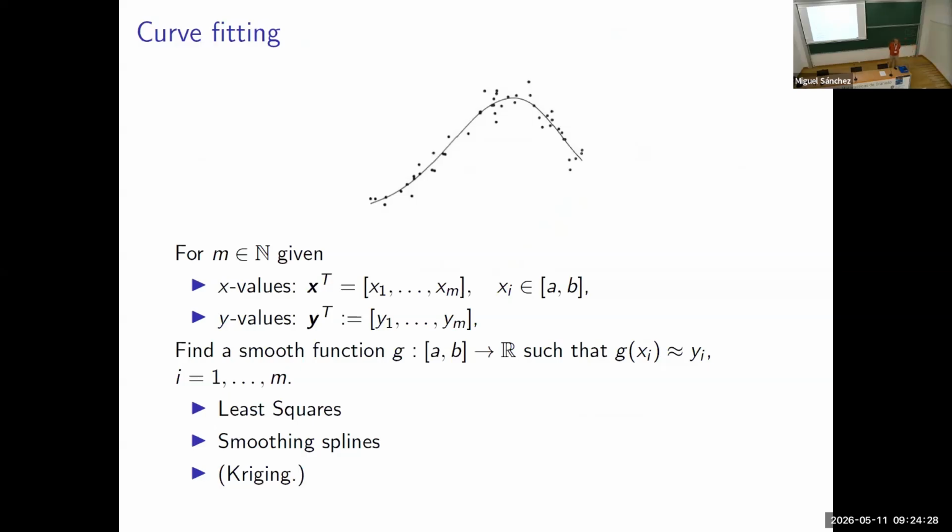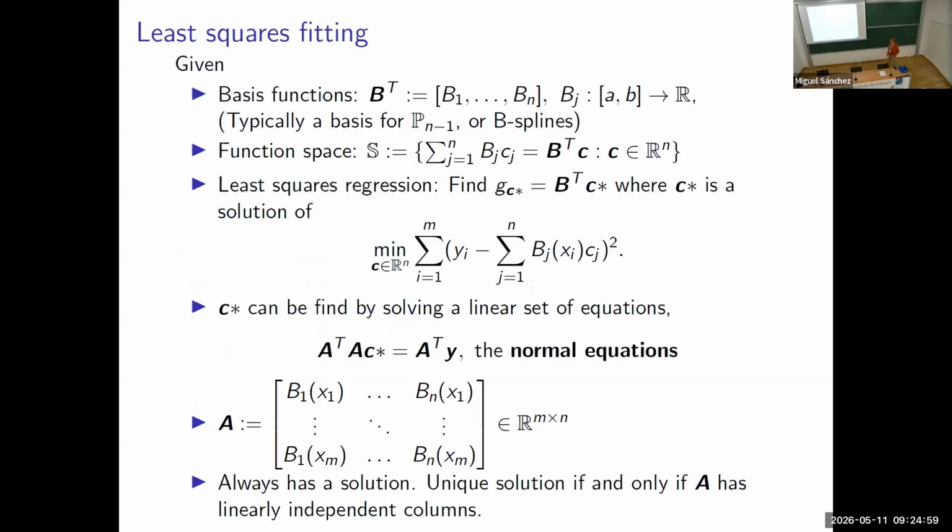The problem is to find a smooth function g which approximates, so that g of xi is approximately yi. For curve fitting, what I will mention here is just to recall least square curve fitting. You have something called smoothing splines. And I will not talk about something which some of the statisticians maybe know about, kriging. But well, we might hear about that.